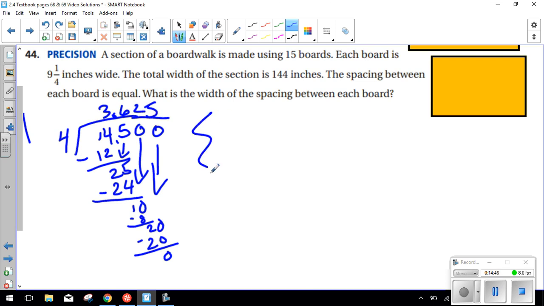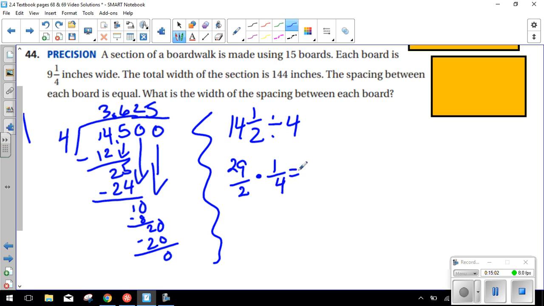If you care to do this as fractions, we would simply take 14 1/2 instead of 14.5 and divide it by 4. This would become improper as 29 over 2. I'm going to times it by the reciprocal, and I get 29 over 8. And if I divide this out, 8 goes into 29 3 times.